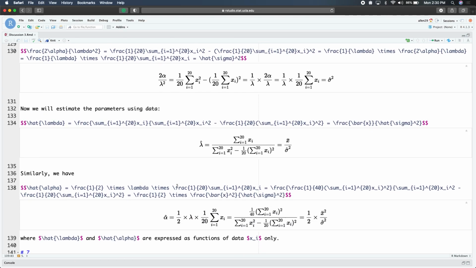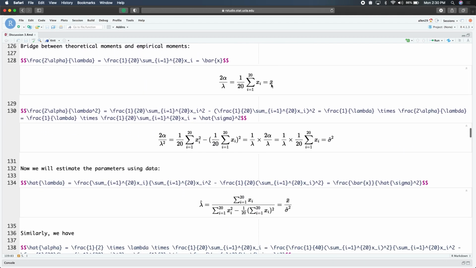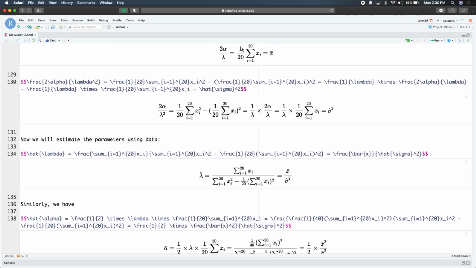Similar idea for the 2 equations, 2 unknowns. Now that we have lambda hat, we solve for alpha hat. We can get alpha hat from here, because we already know lambda.